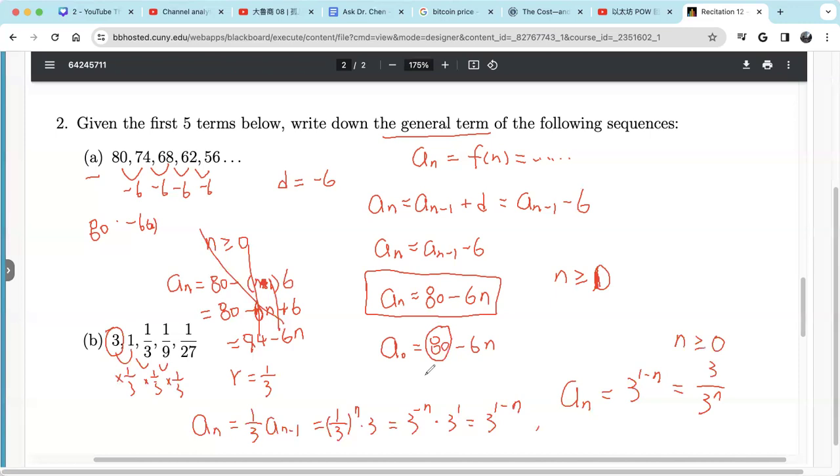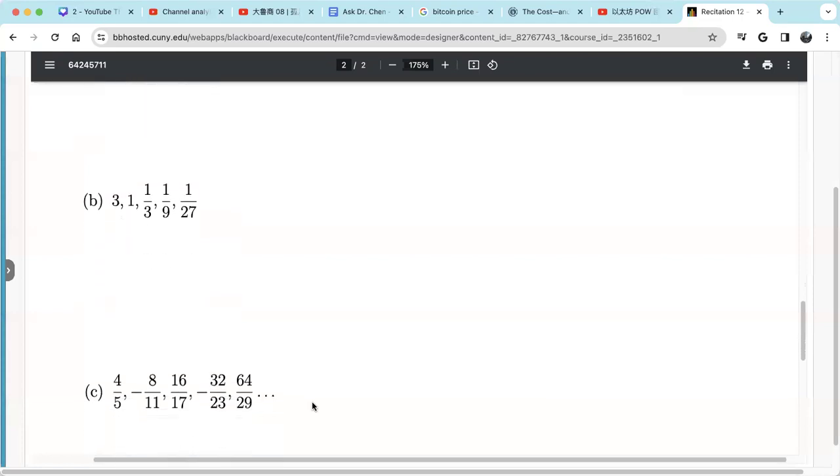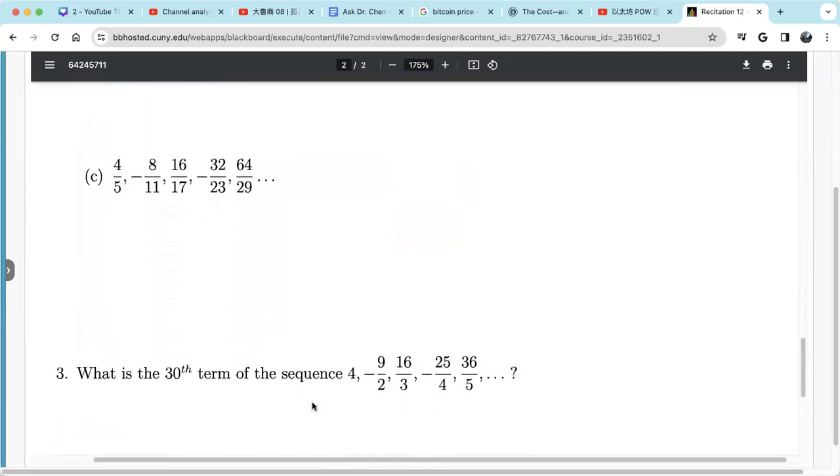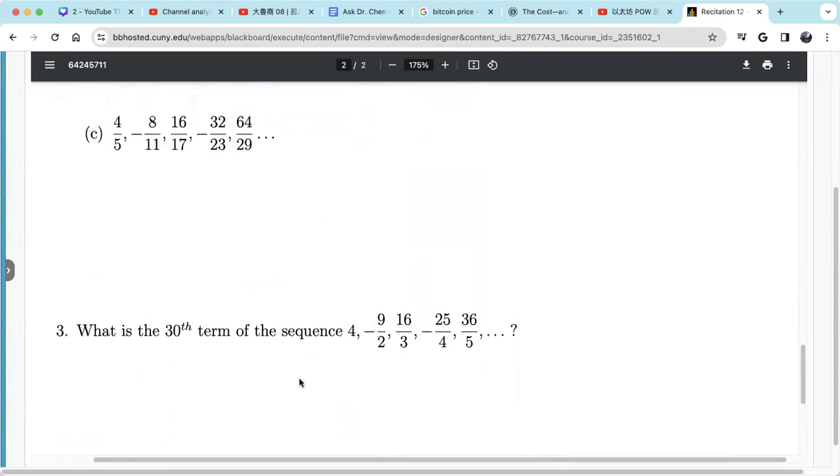Sometimes we want n to start from 1, but in this case, we can start n with 0. Let's see C. Then 3 is the last question.